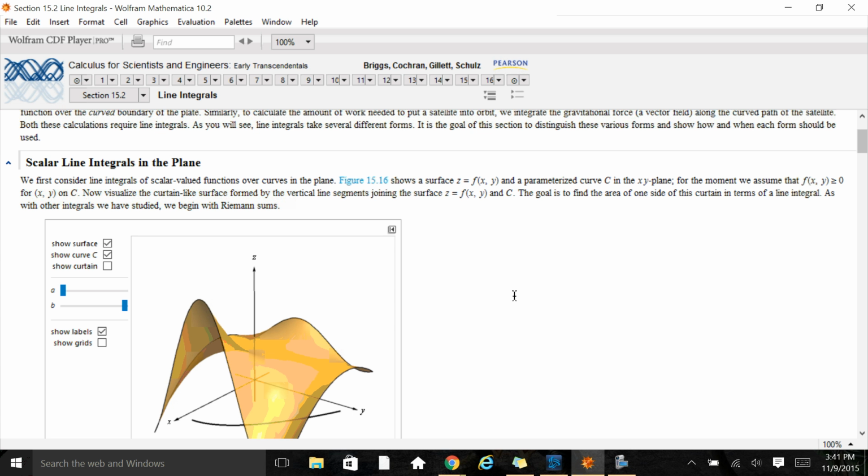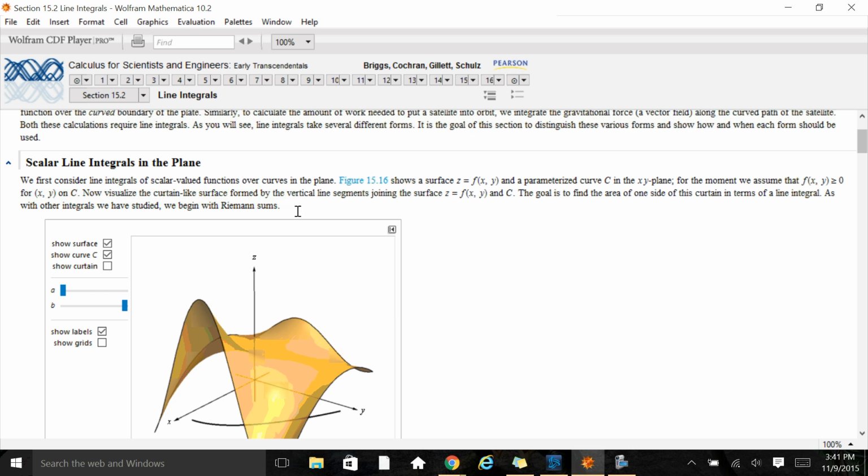Just for the purpose of this figure, we assume that f of x, y is greater than or equal to 0 for everything on the curve, so that we can think about this in terms of an area. Now, consider a curtain-like surface formed by the vertical line segments joining z equals f of x, y and C. The goal is to find the area of one side of this curtain in terms of a line integral.